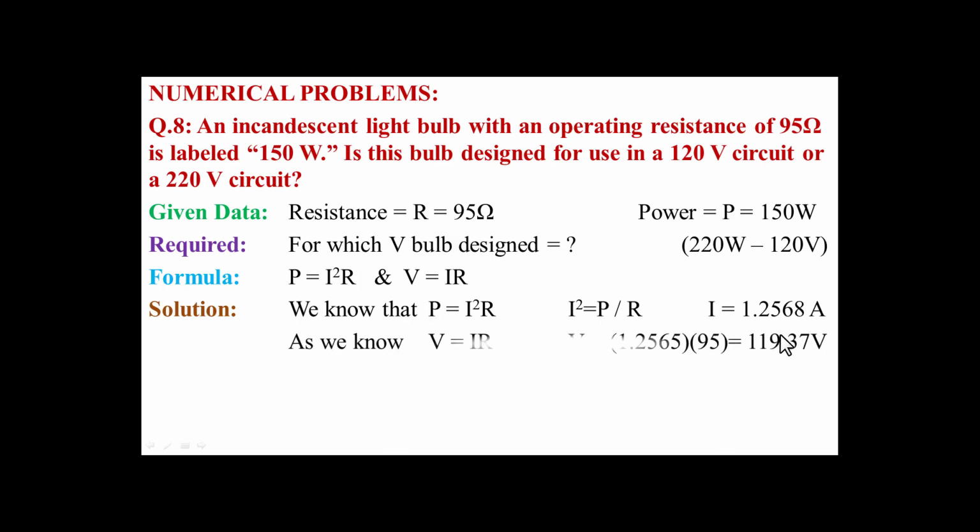Similarly, we can calculate the value of V according to Ohm's law. V is equal to IR. So V is equal to the value of I, 1.2565, multiplied by 95. So the voltage V is equal to 119.37 volt.